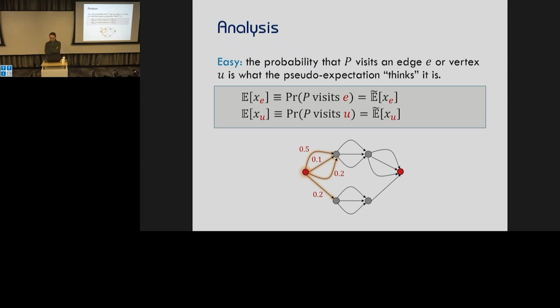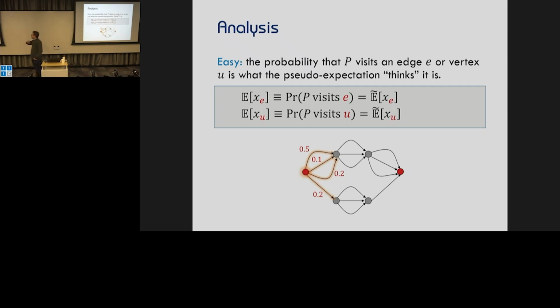It's easy to prove that the following equalities hold. Let's look at the expectation of x_e, in other words, the probability that our path P visits edge e, and the pseudo expectation of x_e.